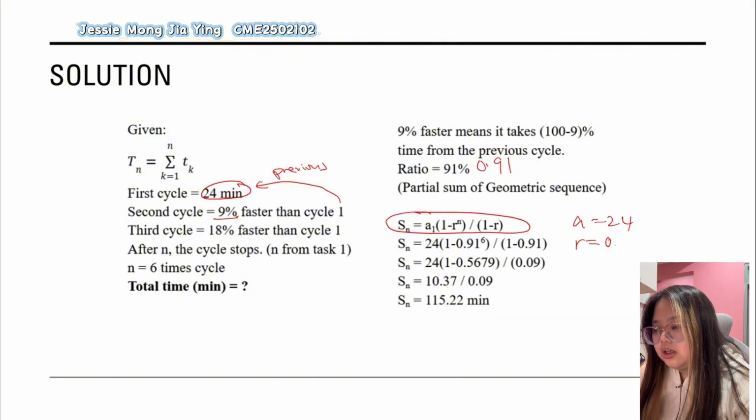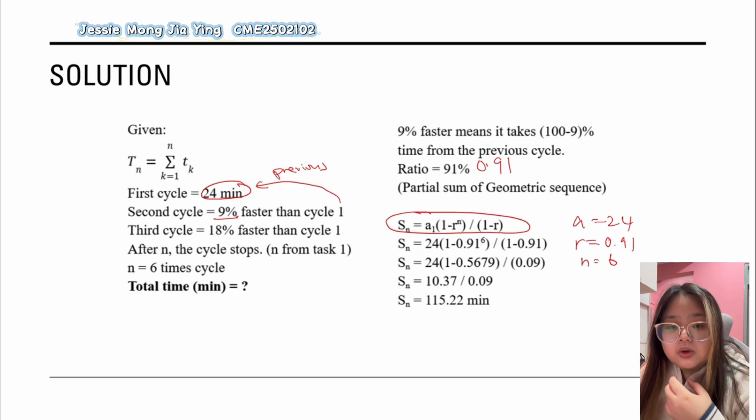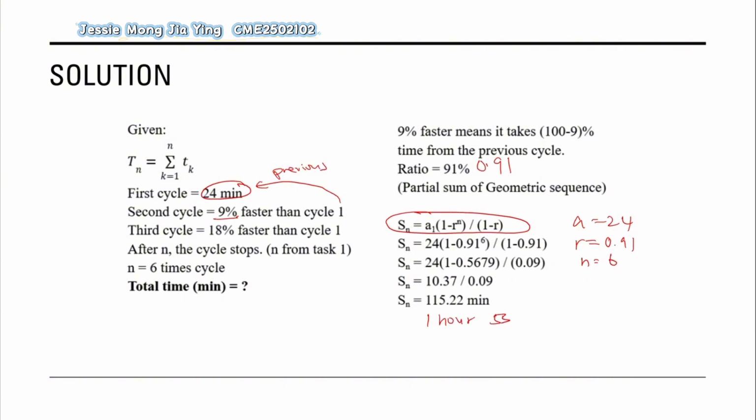Then we obtain a total refinement time of 150 minutes 22 seconds. So the optimization process requires approximately 150 minutes and 22 seconds, or about 1 hour and 55 minutes to complete all 6 refinement cycles.